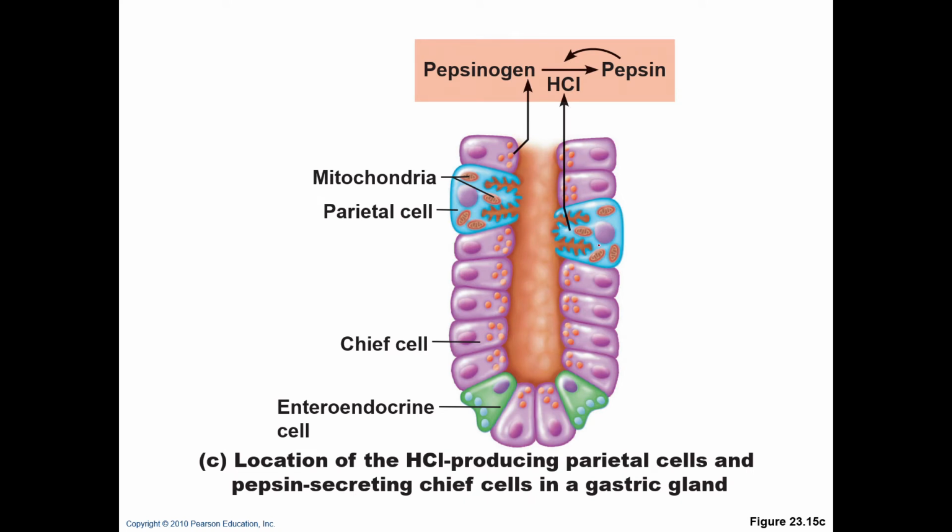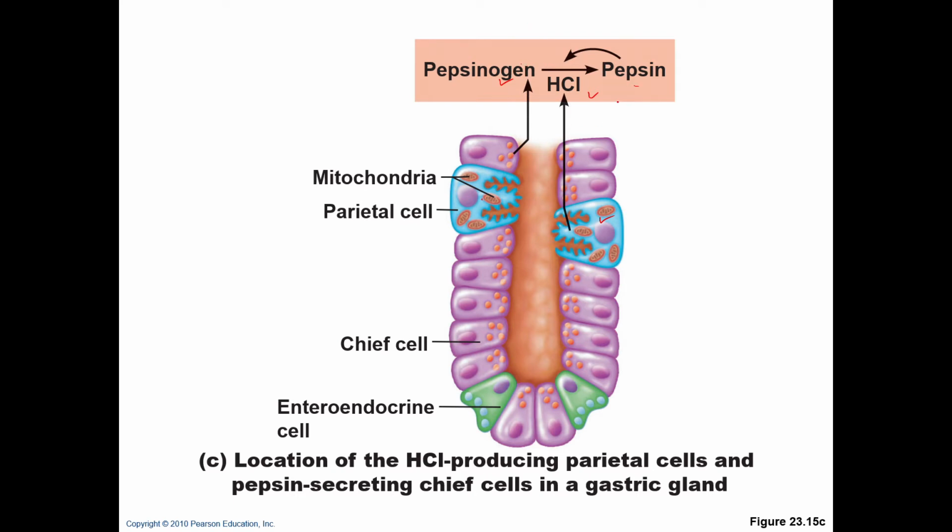Here you see that the parietal cells secrete hydrochloric acid. So this is a parietal cell, secretes hydrochloric acid, and chief cells secrete pepsinogen. And hydrochloric acid converts the inactive pepsinogen to active pepsin.